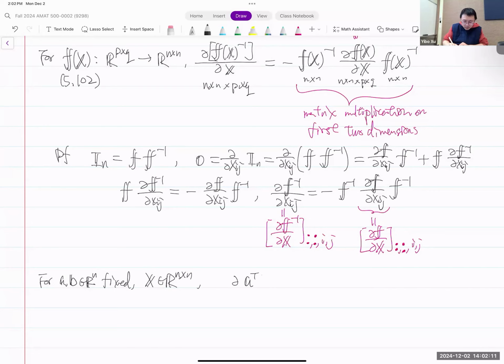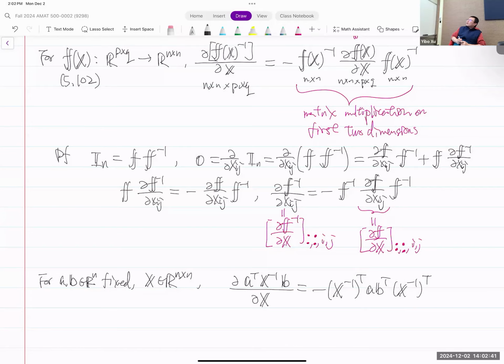So the partial of A transpose X inverse B with respect to X equals negative X inverse transpose A B transpose X inverse transpose. So this one is somehow highly related to the previous equation.